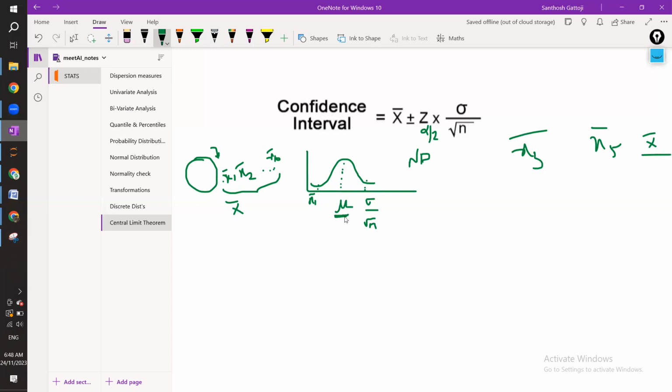Now, how to give that exact range? That range is itself the confidence interval. If you remember, we also studied the standard normal distribution, which is a special case of normal distribution. That will come to our help now.